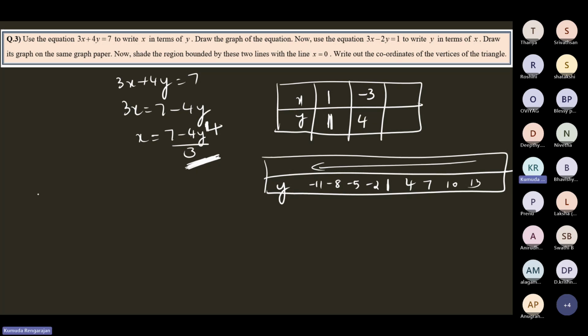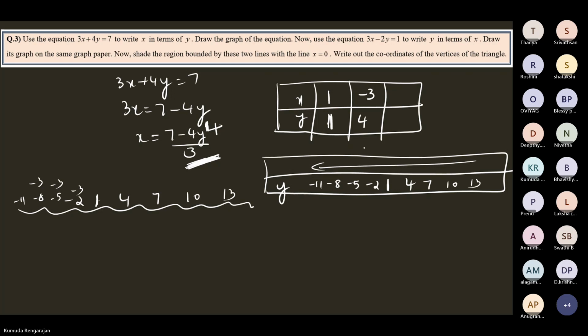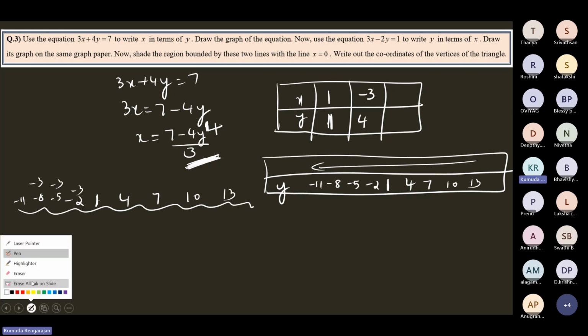After finding my first value, I can find as many convenient values by just adding or subtracting 3. Am I clear, children?